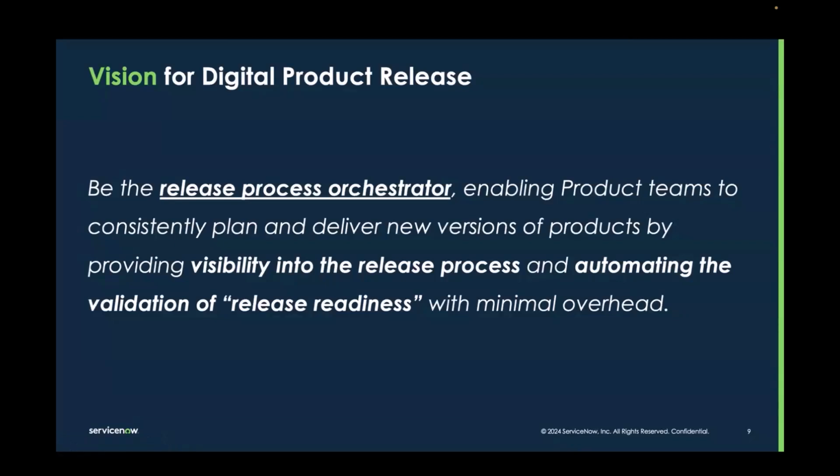I would like for teams that are using this to only need to come into DPR when there's something they need to accomplish, like a policy that's not compliant, or a specific task. But those tasks should be minimized, especially approval tasks, so that we are really leveraging data in order to understand if we are ready to release.